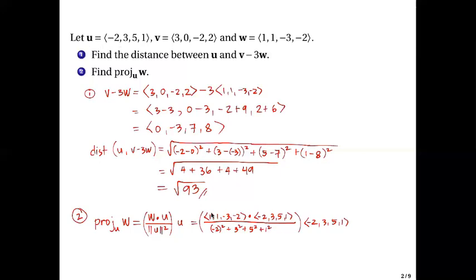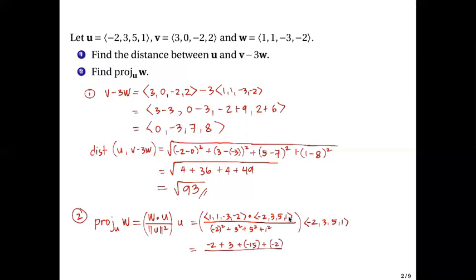So in the numerator, for the dot product, it's just component-wise multiplication and then you add all those products. So in here, for the numerator, you have 1 times -2, that's -2, plus 1 times 3, so that's just 3, plus -3 times 5, that's -15, plus -2 times 1, that's -2.